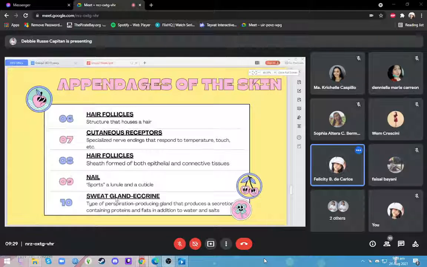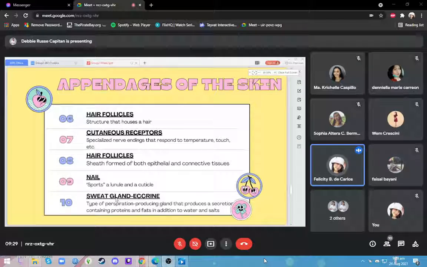Number six, the structure that houses a hair follicle. Number seven, specialized nerve endings that respond to temperature, touch, and etc. Our answer is cutaneous receptors. Number eight, sheath formed of both epithelial and connective tissues.